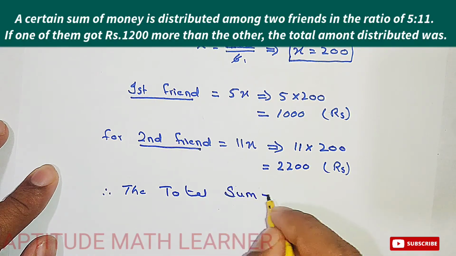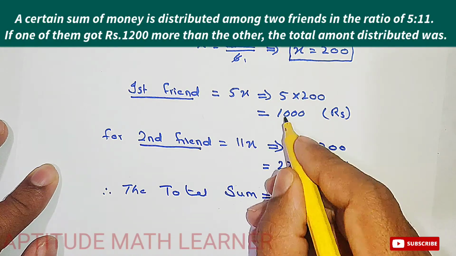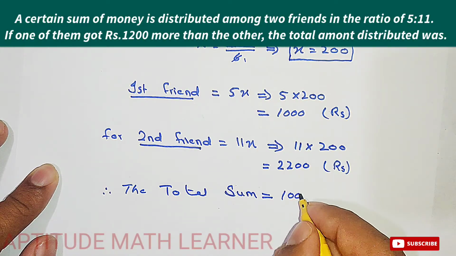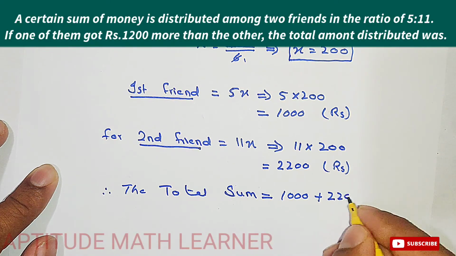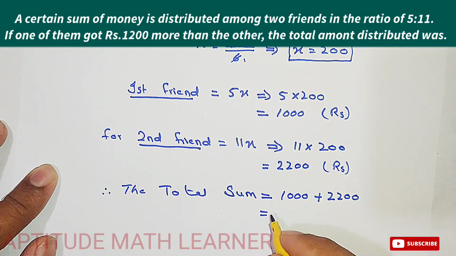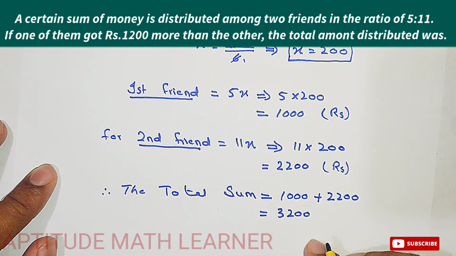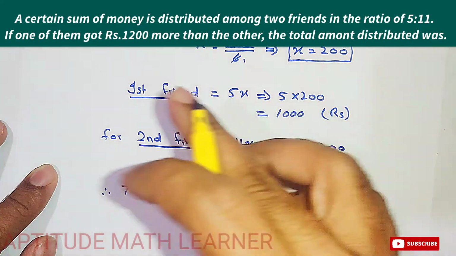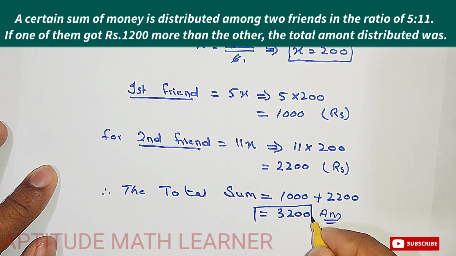For the first friend it is 1,000 plus, for the second, 2,200, and the total sum we get is 3,200. So this was the amount distributed among the two friends. This is our answer as well.